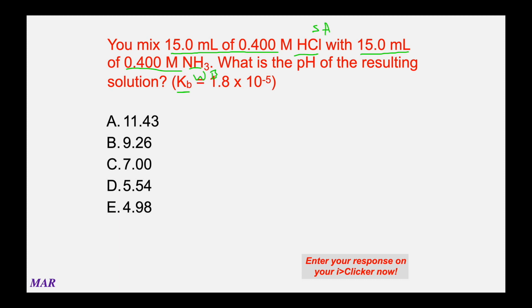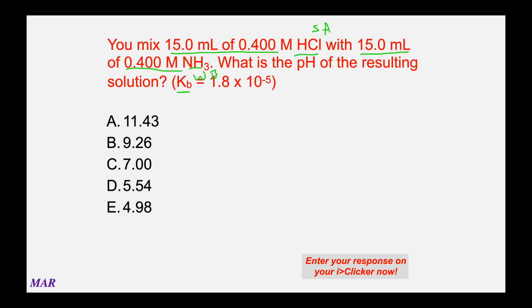That's kind of cool to know, because if the volumes and the concentrations are equal, then you're at equivalence. So at equivalence, the moles of HCl and ammonia are equal, and HCl has wiped out all of the ammonia. But in the process, the ammonia has been turned into ammonium.